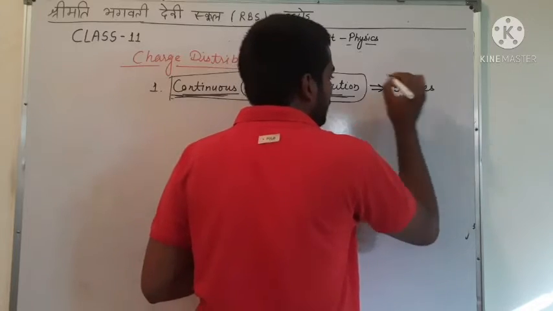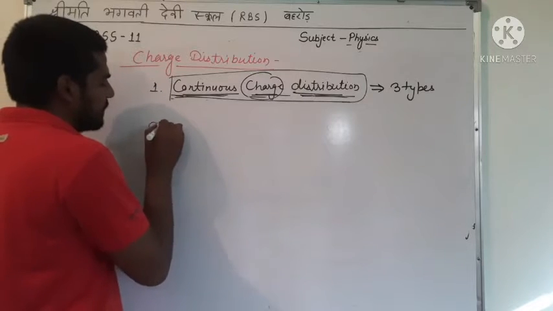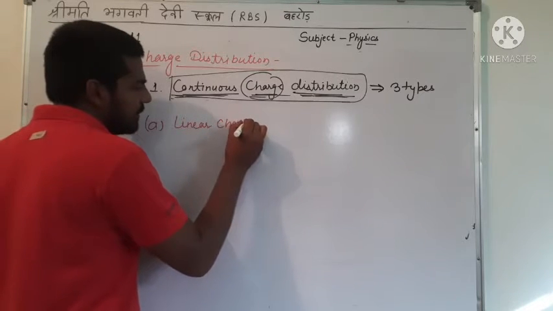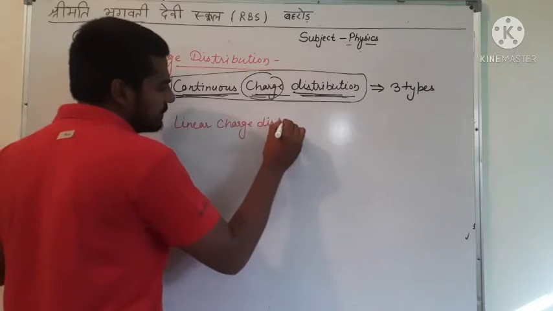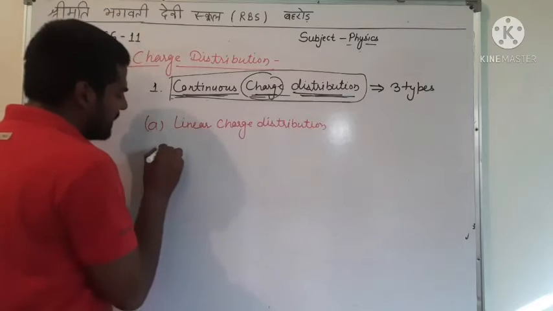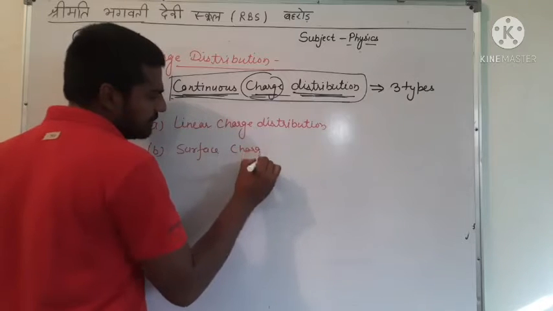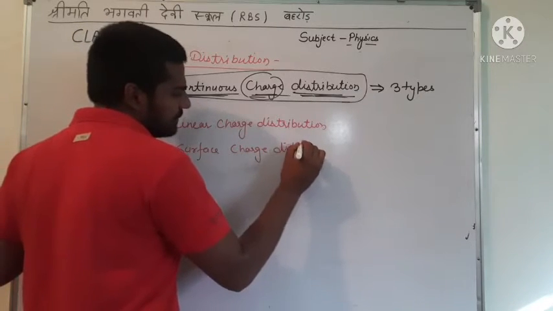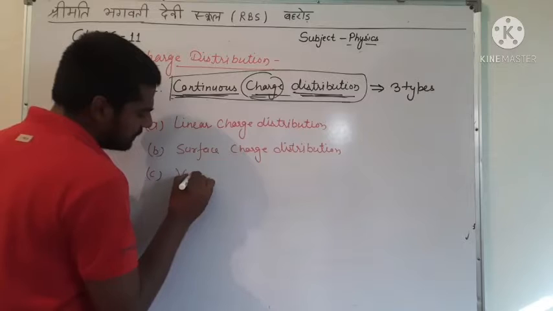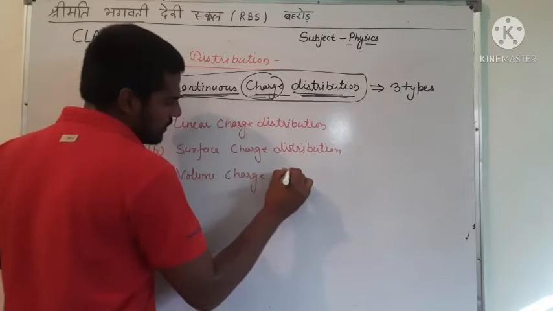The first is linear charge distribution, the second is surface charge distribution, and the third is volume charge distribution.